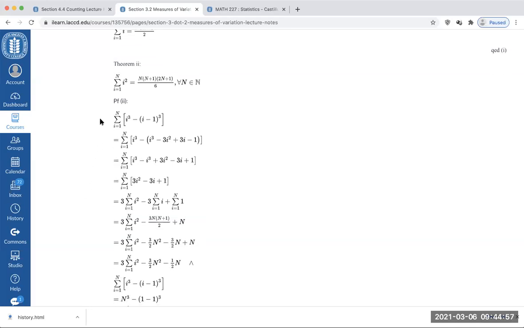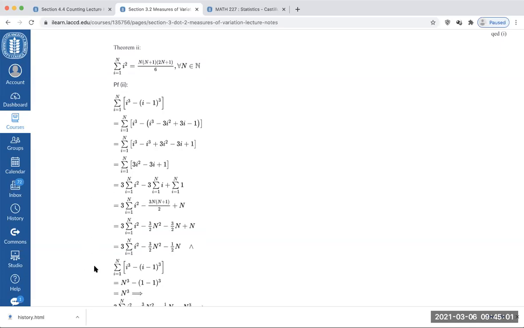Therefore, I get that the sum, i equal 1 to n, of i cubed minus i minus 1 cubed, by the above lemma, is a telescoping series, is just n cubed minus 1 minus 1 cubed. And so I just get n cubed.